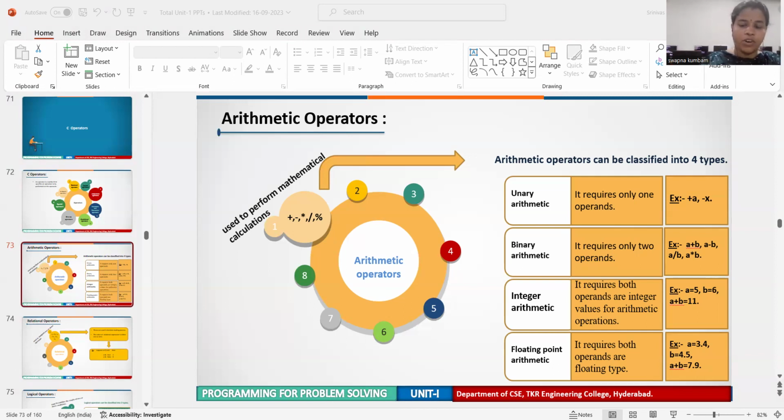And the final one is the modulus symbol. Modulus will get the remainder. So what are the operators we have here?